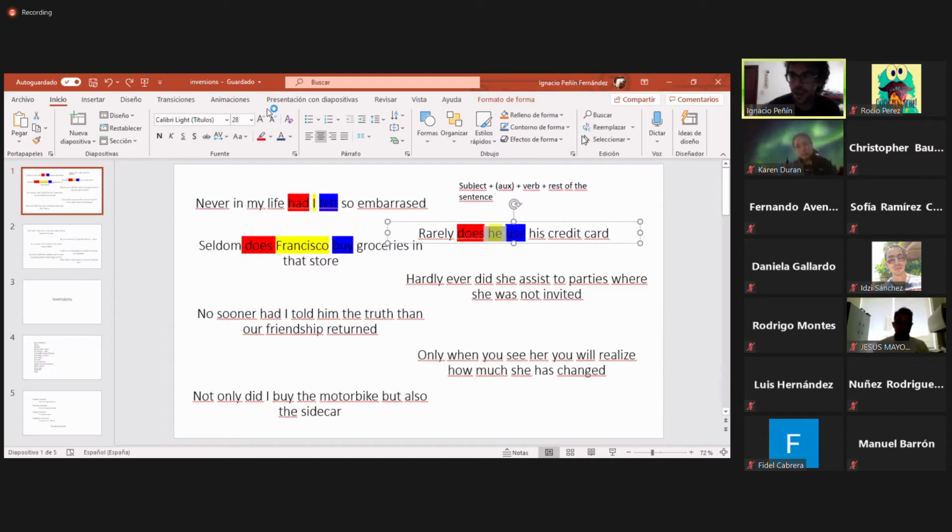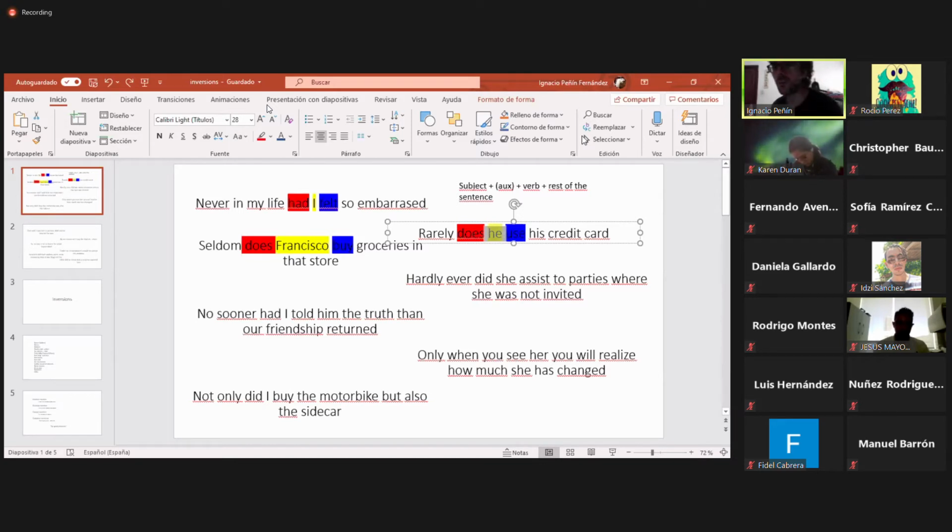But now I am adding one adverbial structure, or in this case, a particular adverb, never, and then with the alteration, the inversion of the auxiliary and the subject, we find a new meaning for this sentence, and it is a negative meaning.